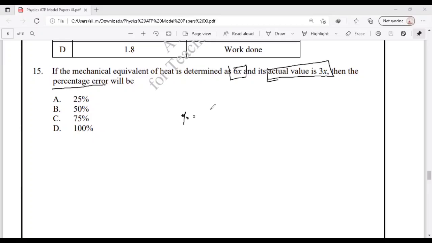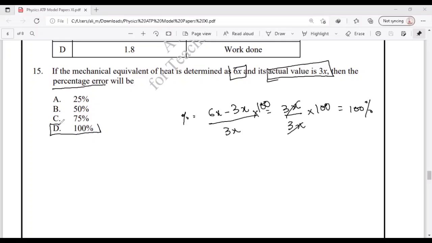It is equal to the determined value minus the actual value, so the difference will be 6x minus 3x, divided by the actual value, times 100. So this will be equal to 3x over 3x times 100. So 3x and 3x will cancel out. So we have a percentage error of 100%. So option D is the right answer in this last question.